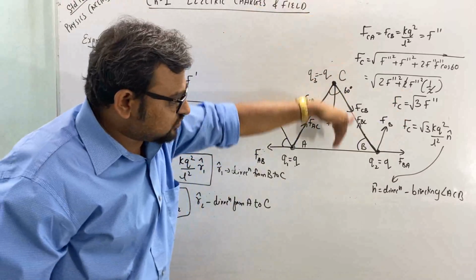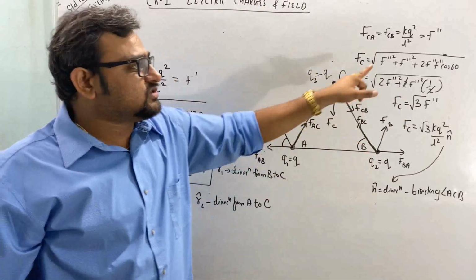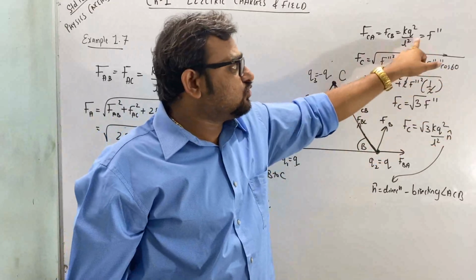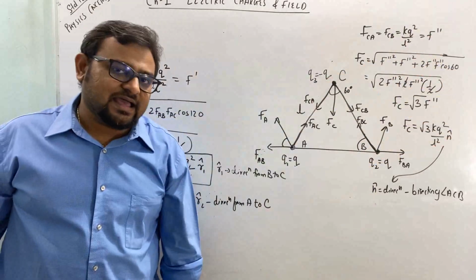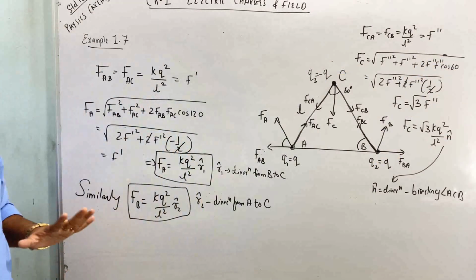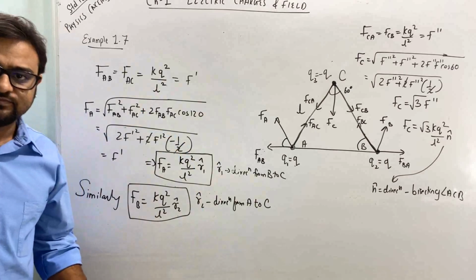So the direction is bisecting angle ACB. And using cos 60 is 1 by 2, it will be root 3 times F double dash, so root 3 times KQ square by L square. Clear? So just go through example 1.7.